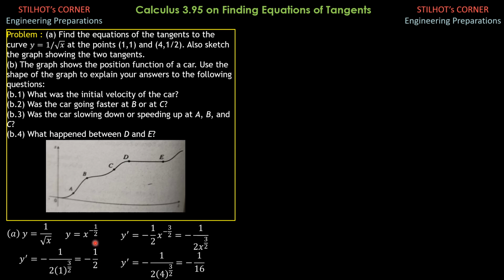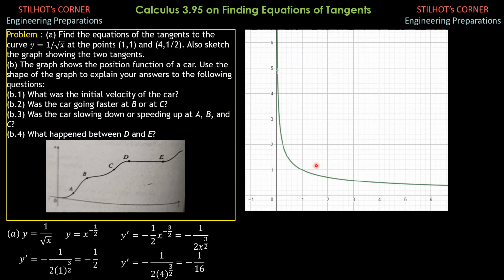So let's focus first on the tangent at (1, 1), where the slope is negative 1/2. The equation of the tangent is x plus 2y equals x1 plus 2y1. So this is the graph. This is the first point of tangency. This is the second point of tangency. So x plus 2y equals 1 plus 2 times 1.